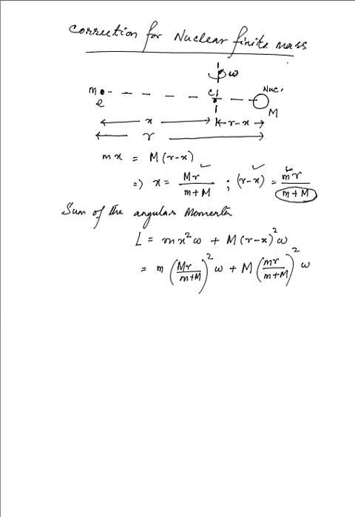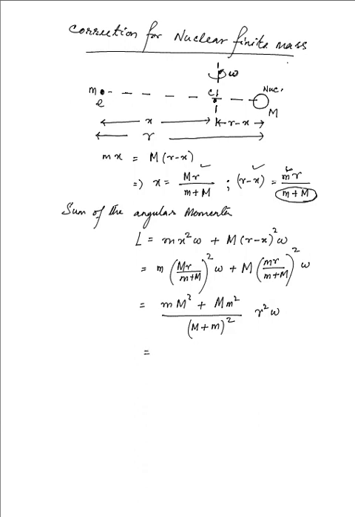Now from that what we get is M times m squared, and then plus m times M squared, divided by M plus m, squared again, and the r squared and omega can be taken common.